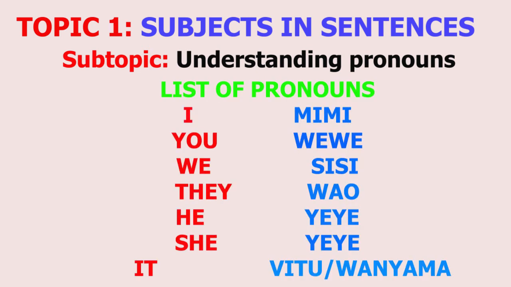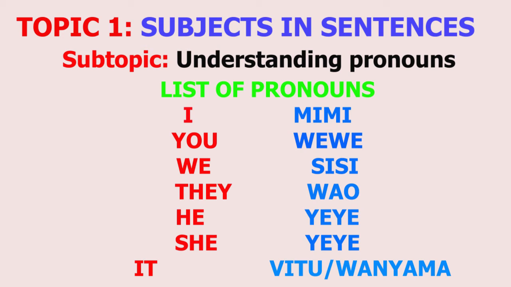Okay, so let me remind you what we have covered so far. We were talking about pronouns, and we said that these pronouns include I, you, we, they, he, and she. I is mimi in Swahili, you is wewe, we is sisi, they is wao.